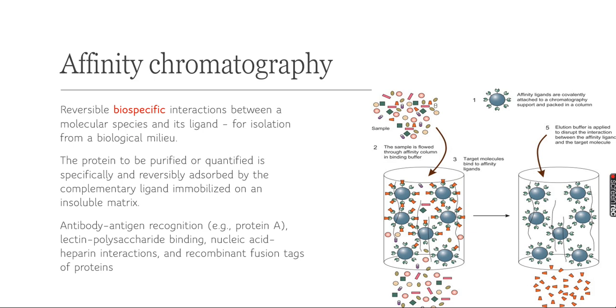The column can be washed to remove those unbound things, and then we can change the buffer, or use the elution buffer to disrupt the interaction that was there, and we can recover the purified target molecule.